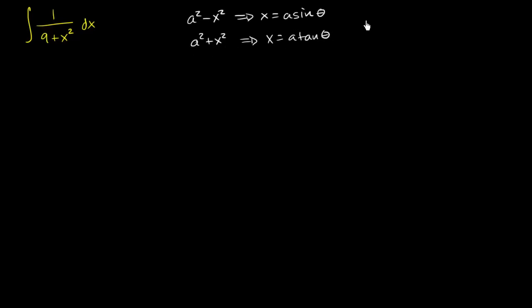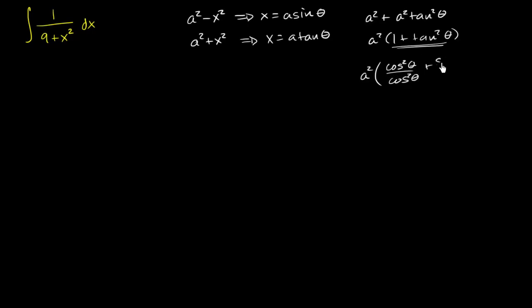This would become a squared plus a squared tangent squared theta, which is a squared times 1 plus tangent squared theta. Let me just reprove this for you. This is going to become a squared times, 1 can be written as cosine squared theta over cosine squared theta.